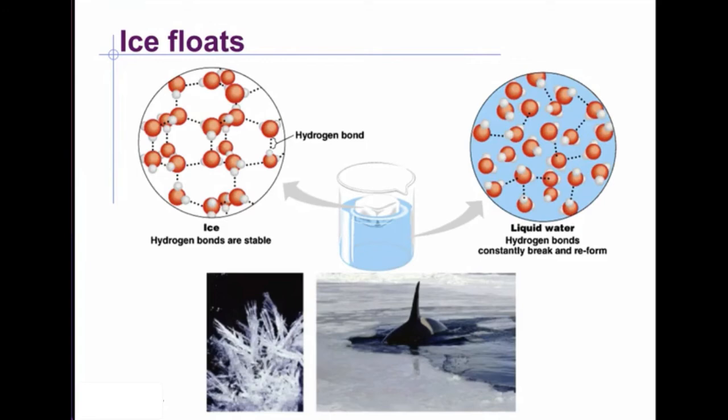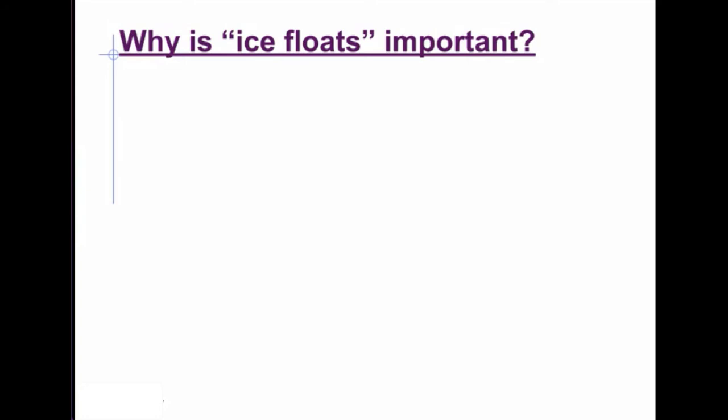You can see here in another diagram that hydrogen bonds are stable when frozen, and in liquid water, hydrogen bonds are constantly breaking apart and reforming, whereas in ice they are in a stable, kind of like a lattice.